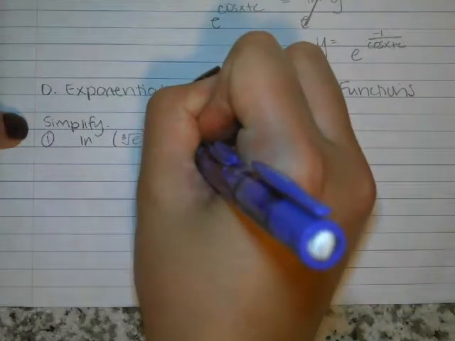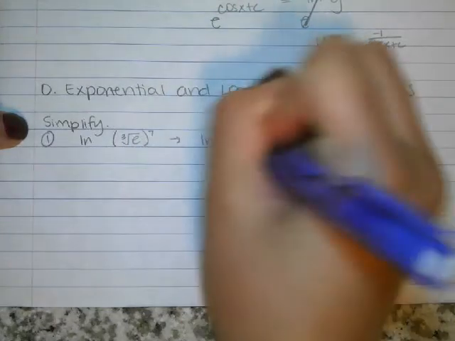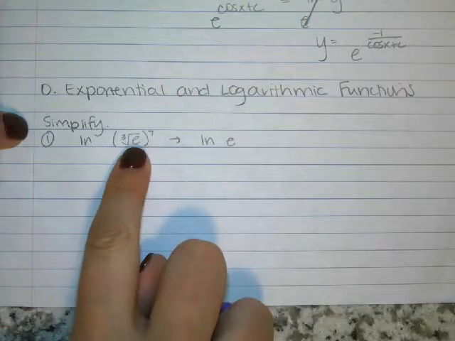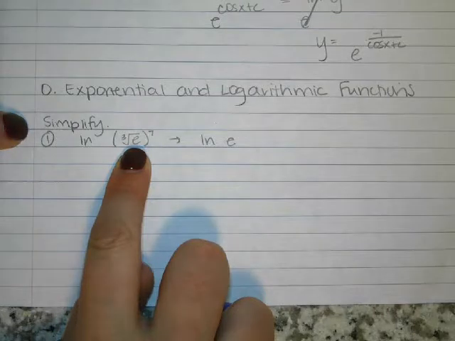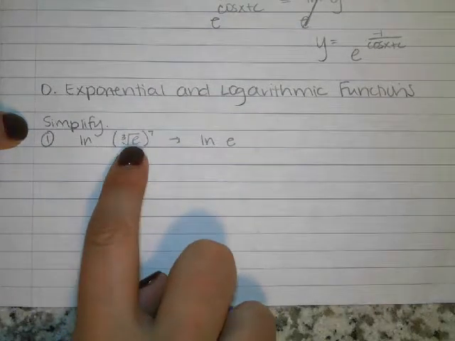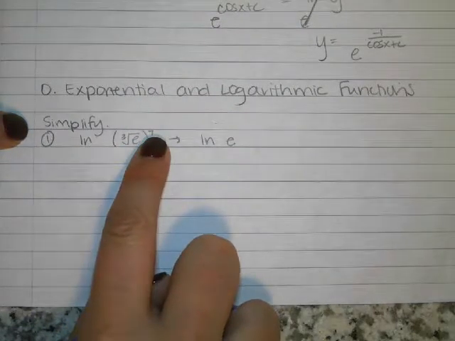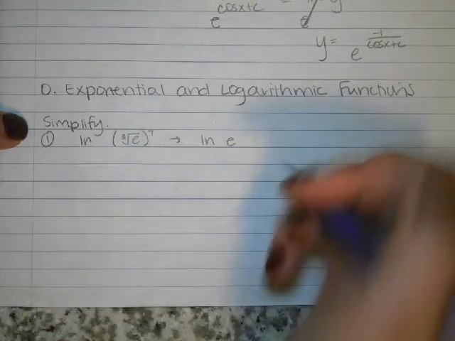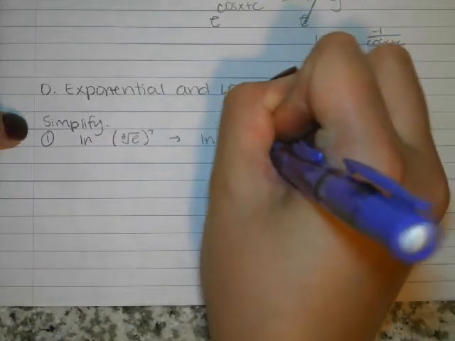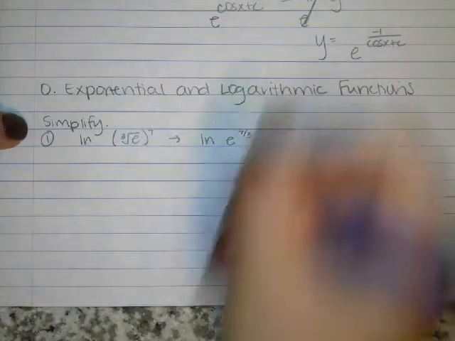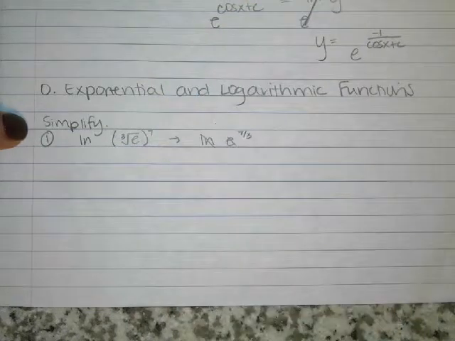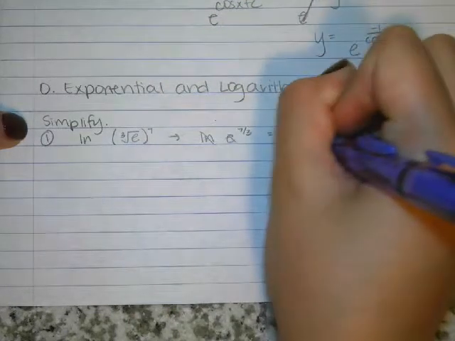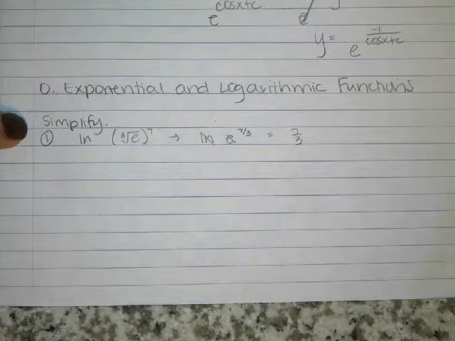So I'm going to rewrite this problem as ln, and then I have the e, and I know that if I were to write it as an exponent, it would be e to the 1/3 raised to the 7th, or I could say e to the 7/3. And so that means that the ln and the e cancel, and this would simplify just to be 7/3.